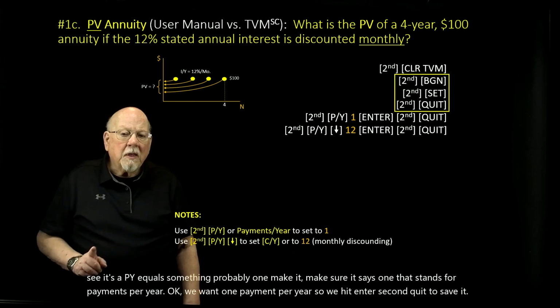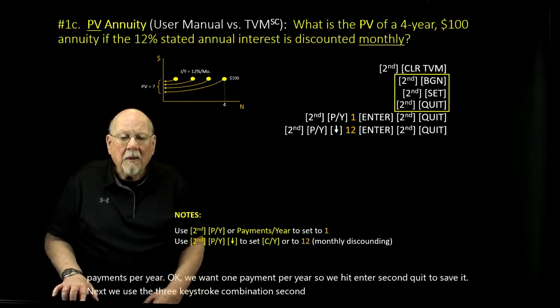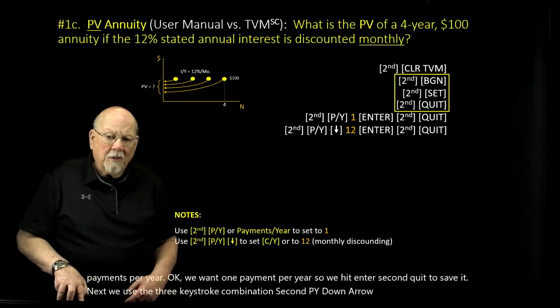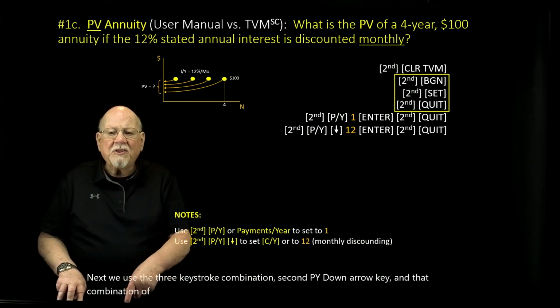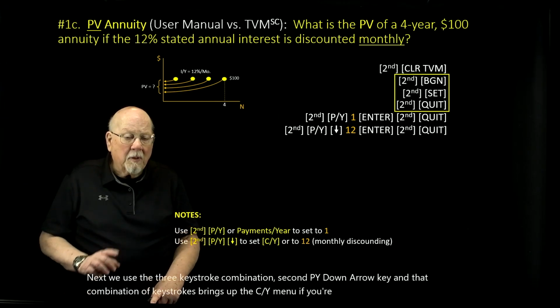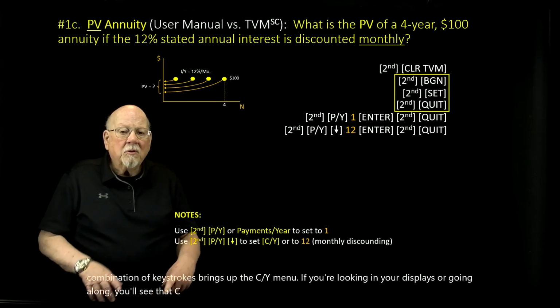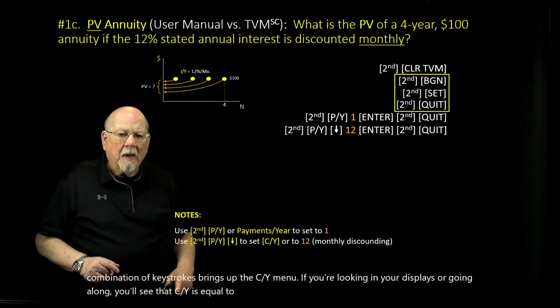Next, we use a 3 keystroke combination, second P/Y, down arrow key, and that combination of keystrokes brings up the C/Y menu. If you're looking in your display as you're going along, you'll see that C/Y is equal to something, probably 1 right now.